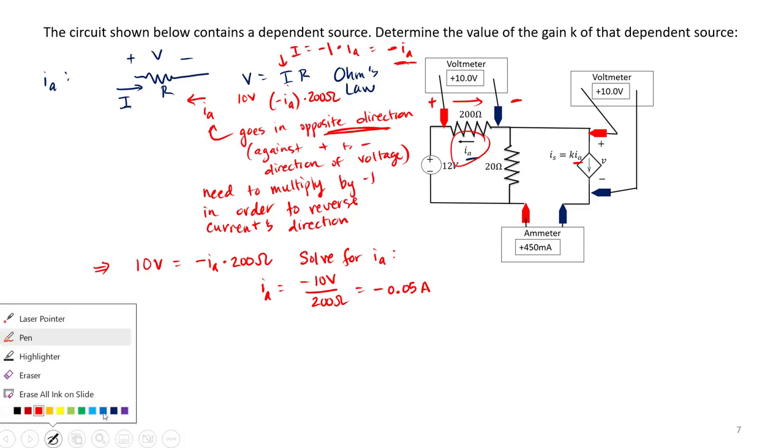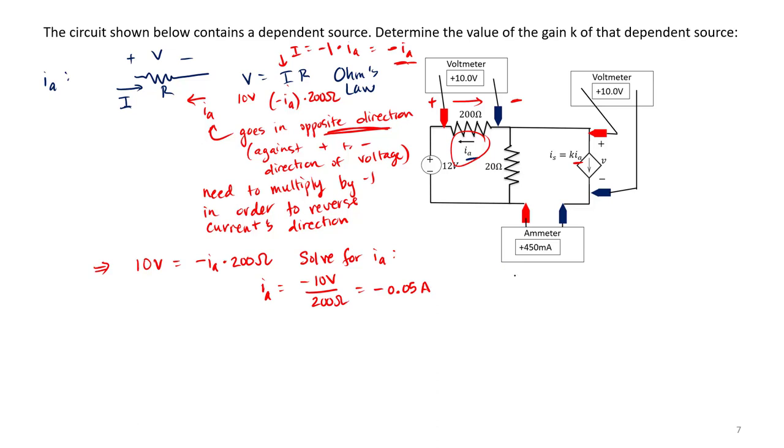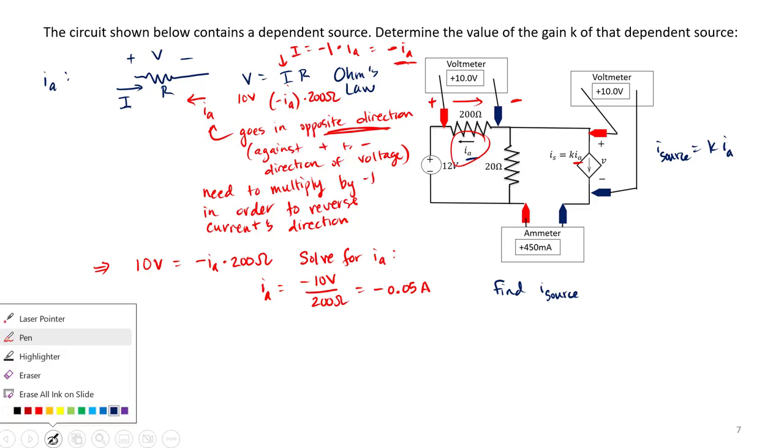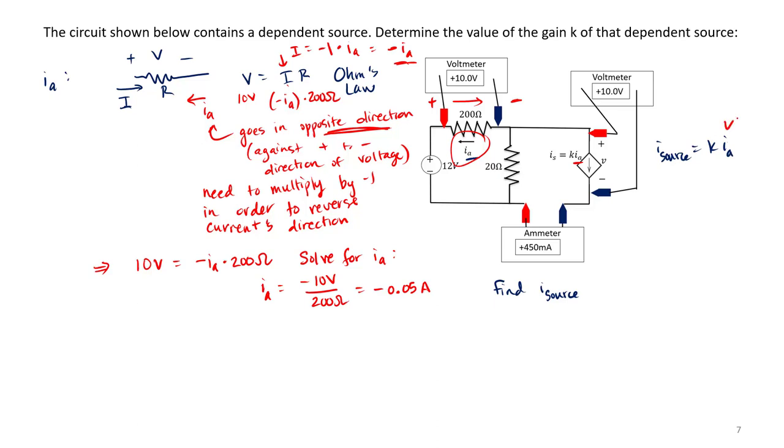Now let's find I source. Remember, we know that I source is K times I sub A. So we have I sub A, need to find I source. Well, if we look at our ammeter, notice we are given information about the current.